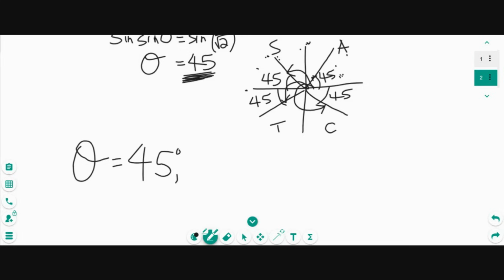So I actually have 90 plus 45, that is 135. And then this other one is 180. This line here is 180. So I'm adding 45. I get 225.